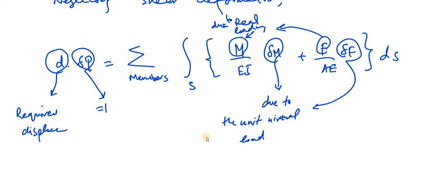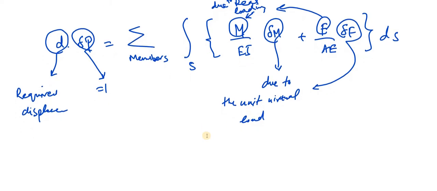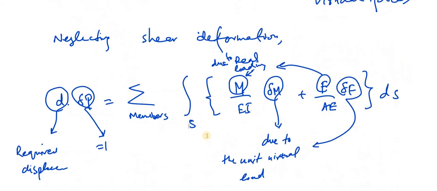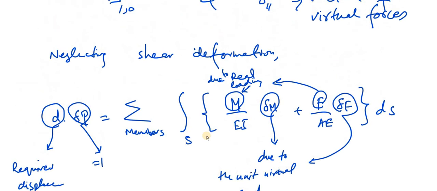So the rest is simple. This is EI, flexural rigidity of the member. AI is the axial rigidity of the member, and this S represents distance along the profile of the member. If it is a straight member, it will be a straight distance, and otherwise it follows the profile of the member. So this is the general expression, but often you can neglect this part.